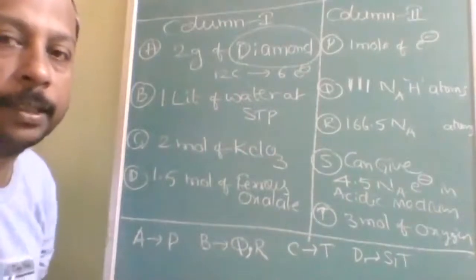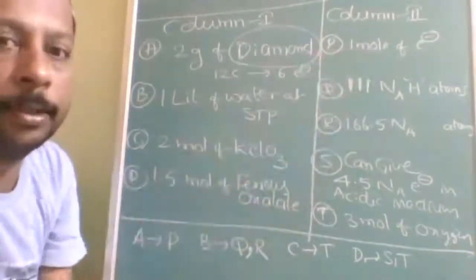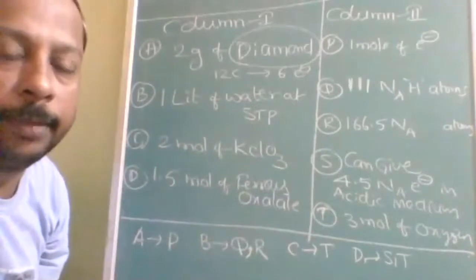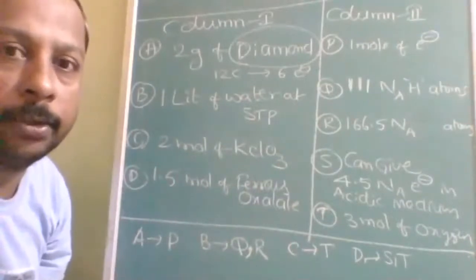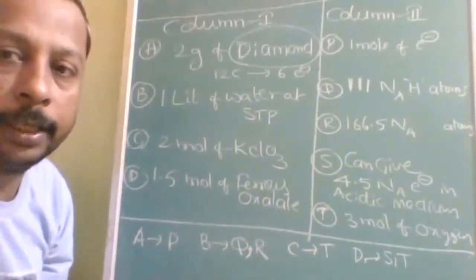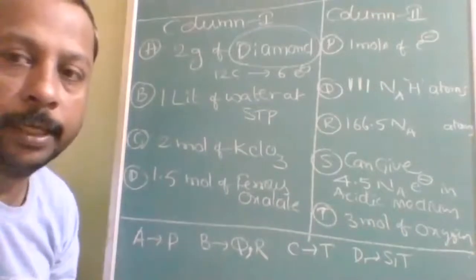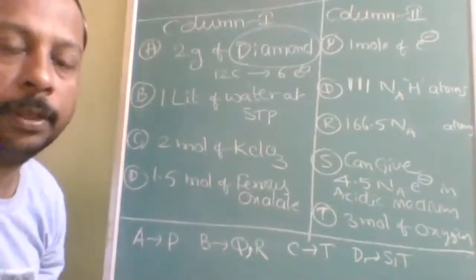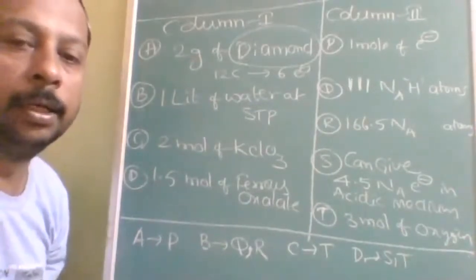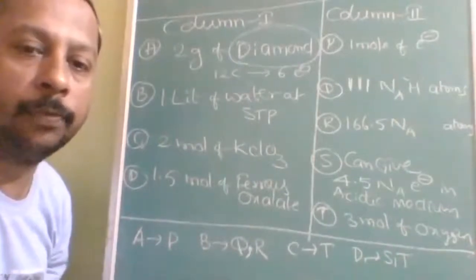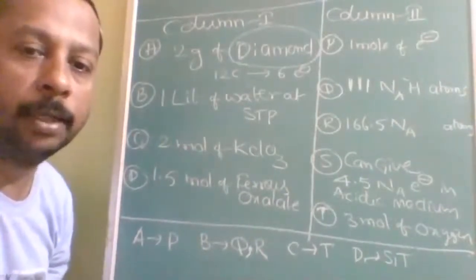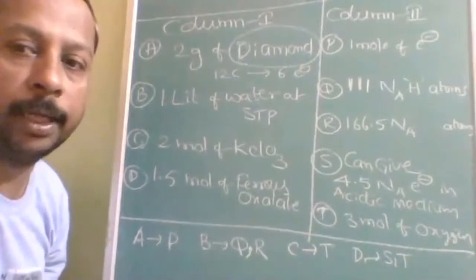First, 1 mole of electrons is not possible, because 18 grams of water itself will contain 10 moles of electrons. 18 grams of water contains 2 moles of hydrogen and 1 mole of oxygen, therefore the number of electrons will be 10 moles.